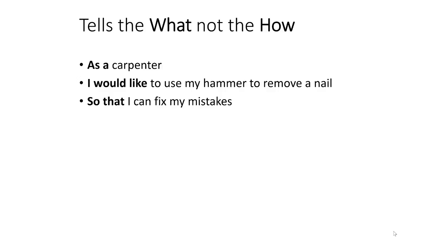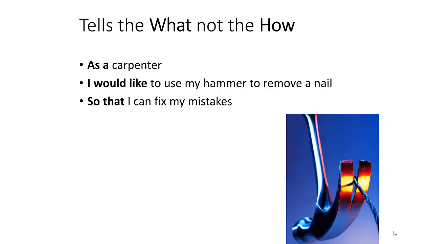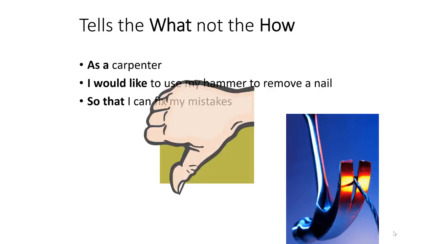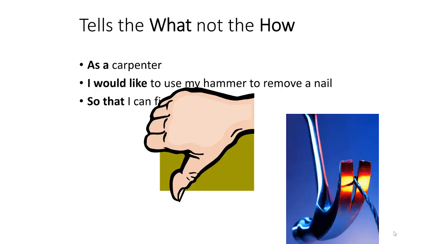The I would like should be more focused on what it is that they're trying to do, and the so that is the why. The why looks pretty good. It's the what in this one that's not, because that limits it to use my hammer to remove a nail. I have one option. Not good.